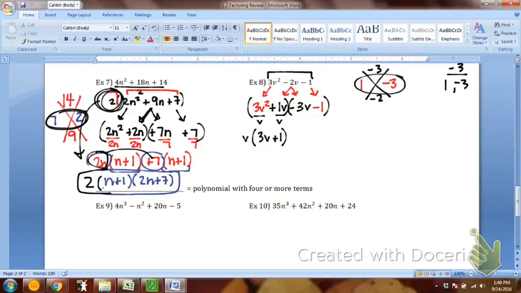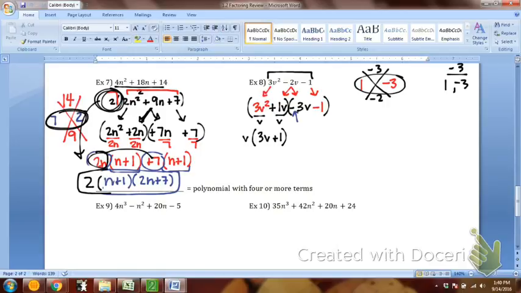All right, what about the second group, this negative 3v minus 1? What can I pull out of that? Negative 1. Excellent. Here's the rule, guys. If the beginning of the parenthesis is negative, you always pull out the negative with it. Always. No matter if this term is negative or not, if this one is negative, always pull the negative with it.